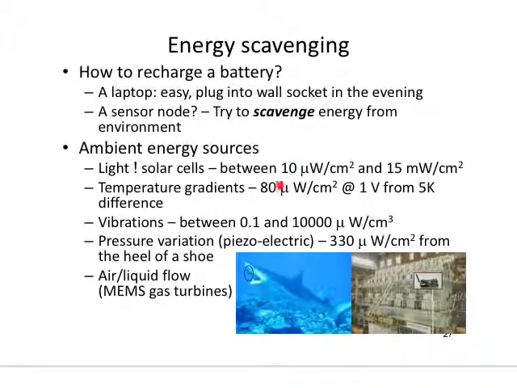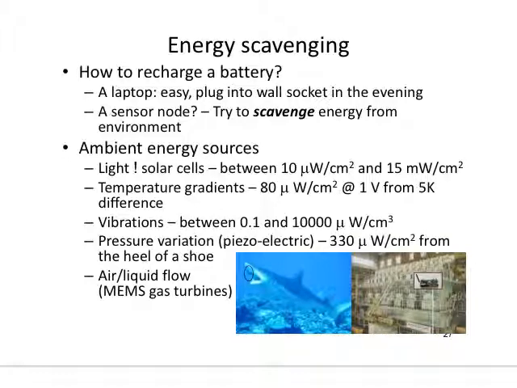So if you have 2 centimeters squared, then that gives you 160 microwatts. So probably to have a decent amount of power here, by changing the temperature by about 5 Kelvin, you probably need an area of maybe, I don't know, at least 100 centimeters squared or something like that, which is a pretty big area, because the typical power in a sensor node for active sensing and communication is not less than 1 milliwatt.